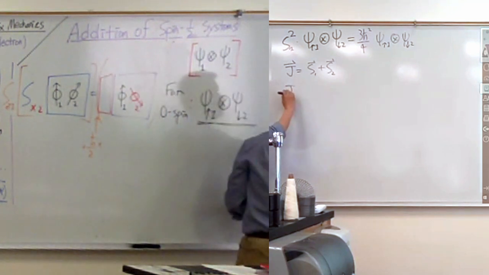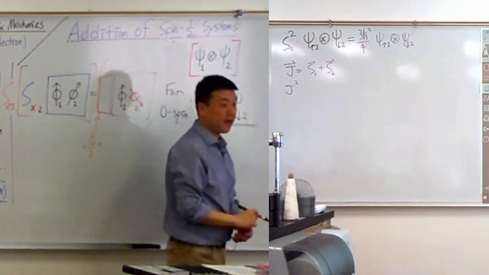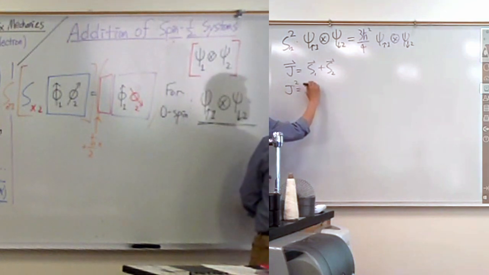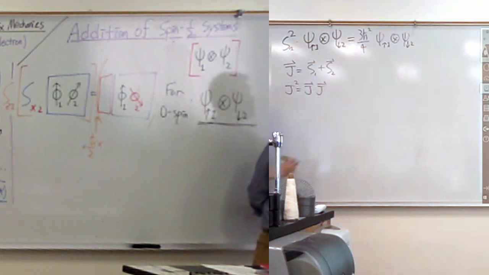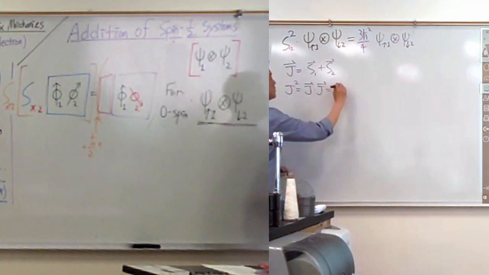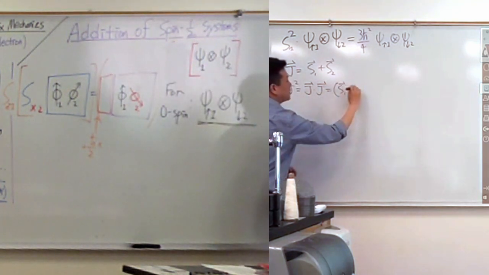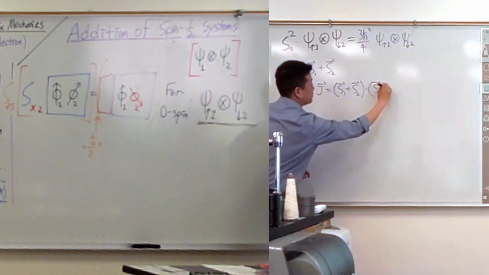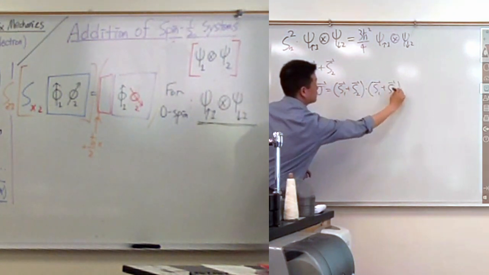I do want J squared. And what J squared is, well, it's J dotted to itself. Or let me expand it out with this. It's S1 plus S2 dotted to S1 plus S2.